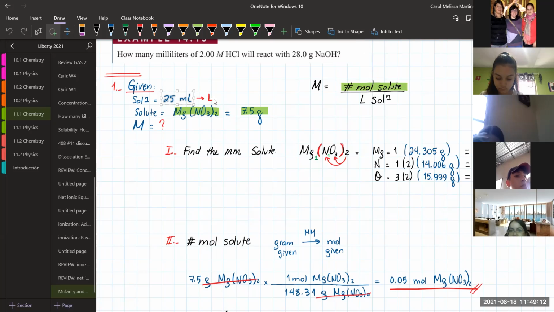So the conversion process, I'm going to do it here, okay? It's 25 milliliters times, in one liter you have 1,000 milliliters. So basically, all you have to do is divide it by 1,000, and this should give you 0.025 liters.